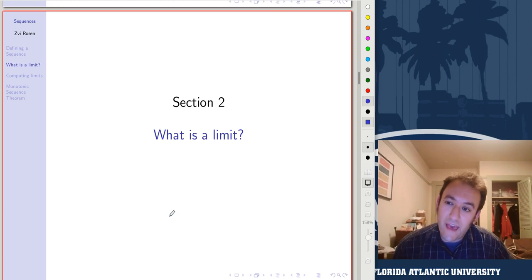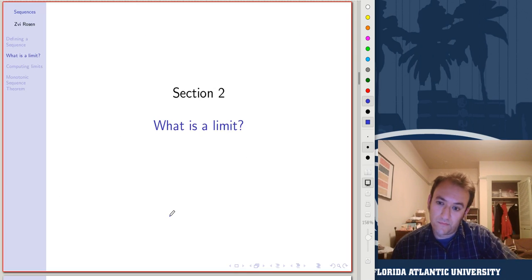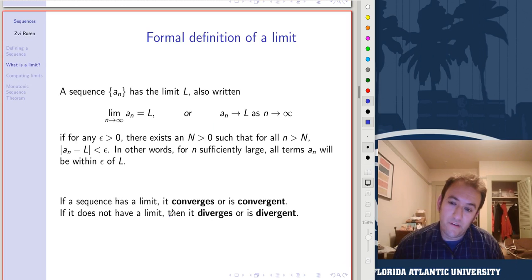Okay, now we have a sense of what a sequence is, but what is a limit? Okay, here's a formal definition of a limit, and if it sounds a little bit like Greek, that's okay.